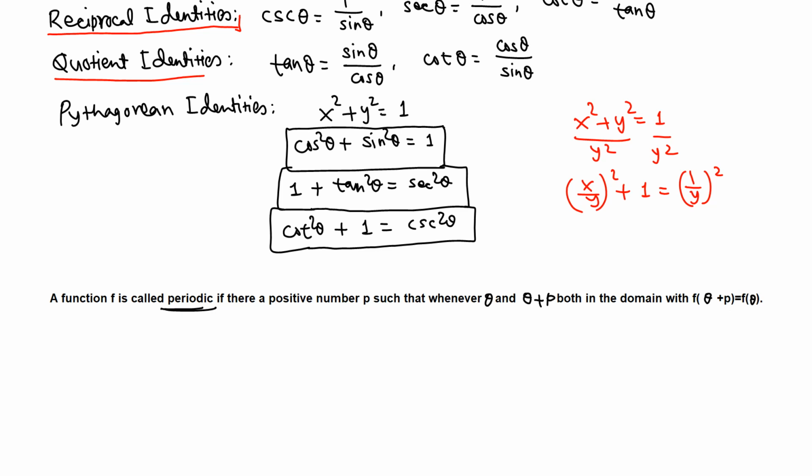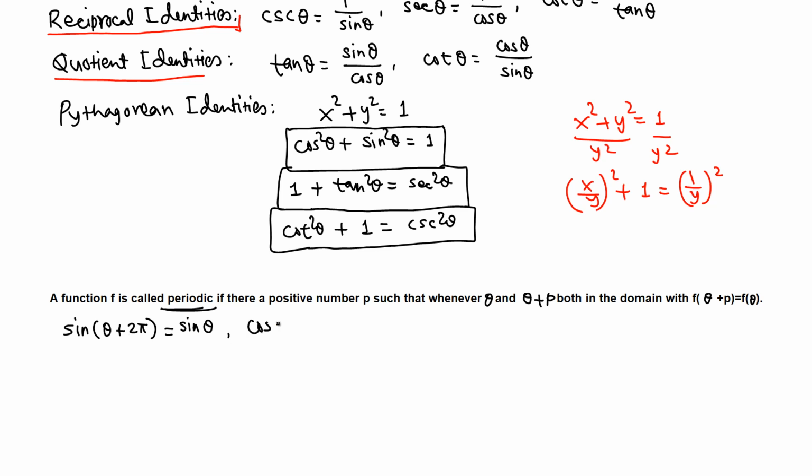For our trig functions, what happens is sine theta plus 2 pi, when we go 2 pi, we are back to sine theta. So sine has a period of 2 pi, and same thing for its reciprocal, which is cosecant.